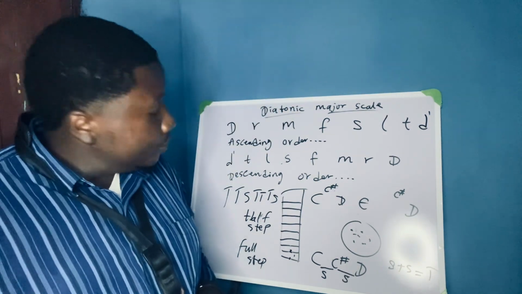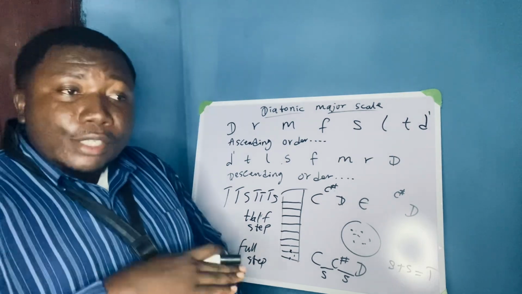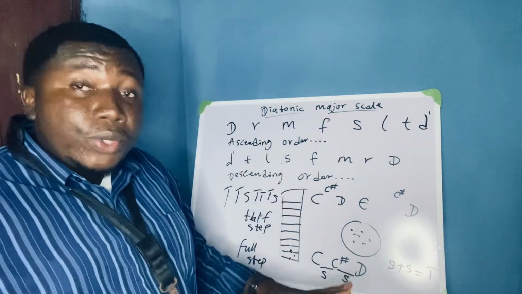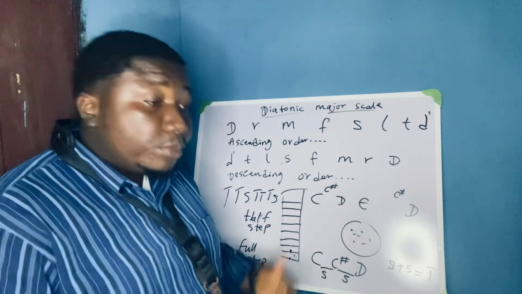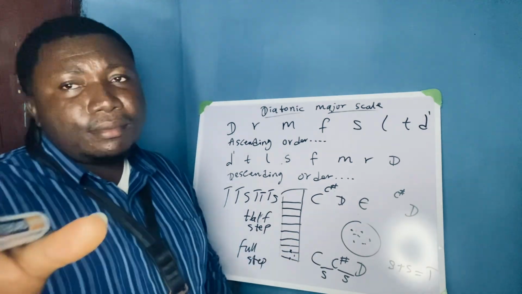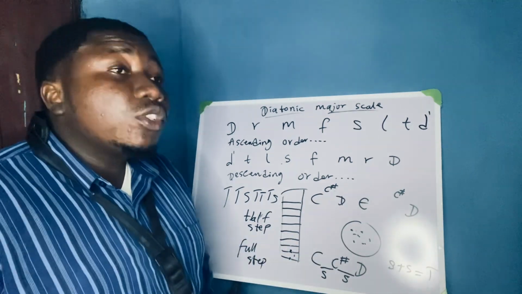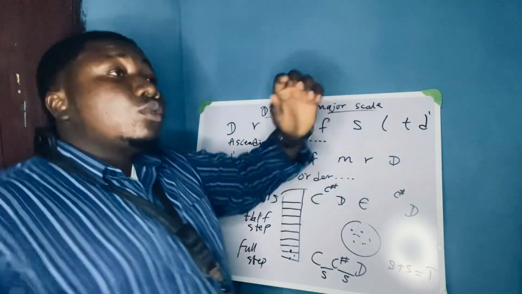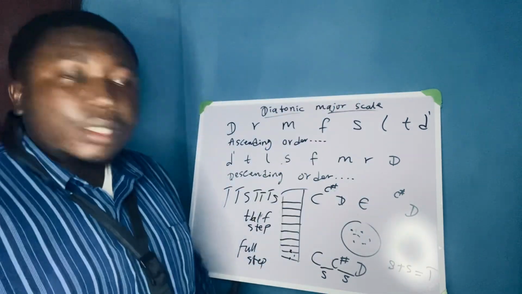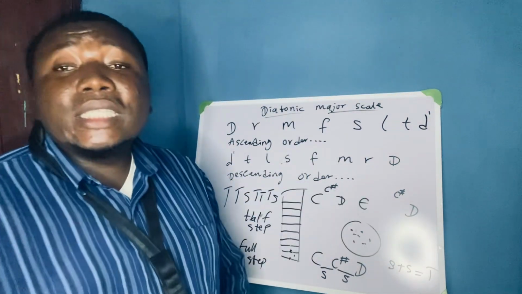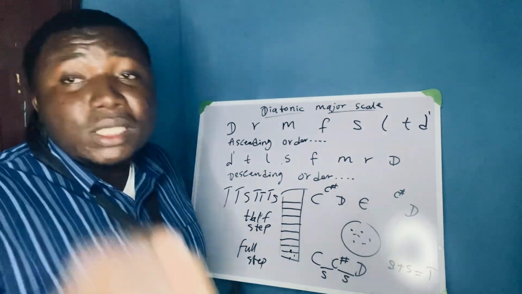Now, before the next one, there is a hole, and if you step there, you will fall. You break your leg. That's the half step. So in climbing ladders, you must move in full step, which is you skip the hole and put your leg in the next one. Now that hole that you're skipping is half step.